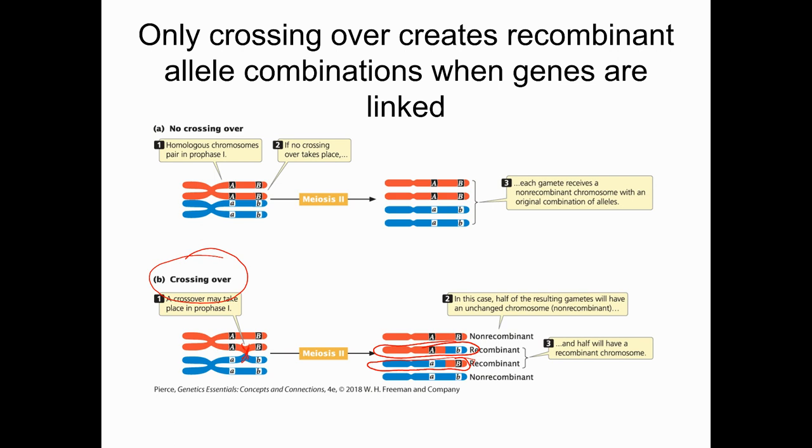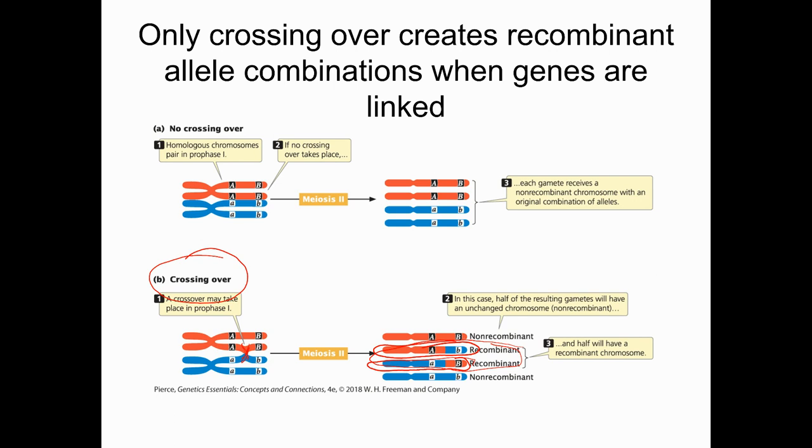In this example, they're using A and B, but you will get some, assuming they're showing you that your parental combinations are big A with big B and little a with little b. You will get some that are big A with little b and little a with big B, but those are the chromosomes that I said are very, very few that will show up in the gametes.